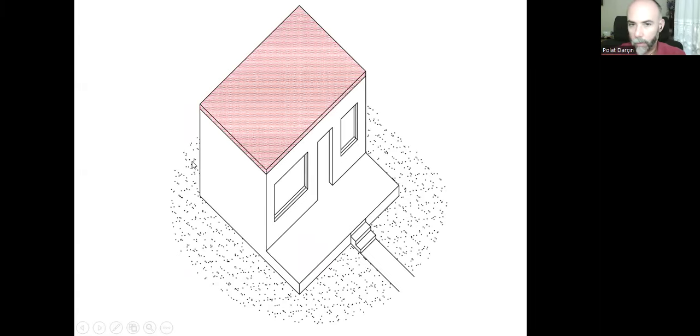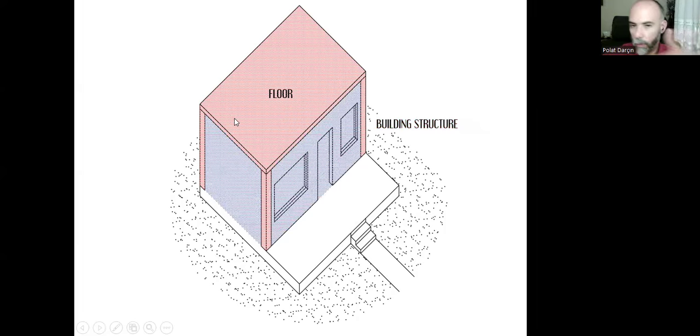You remember our building, that's the floor. There will be loads, the weight of the floor itself, the dead loads, live loads, all the other loads. And we need a structural system, skeletal system with these columns, building structure, and the walls.